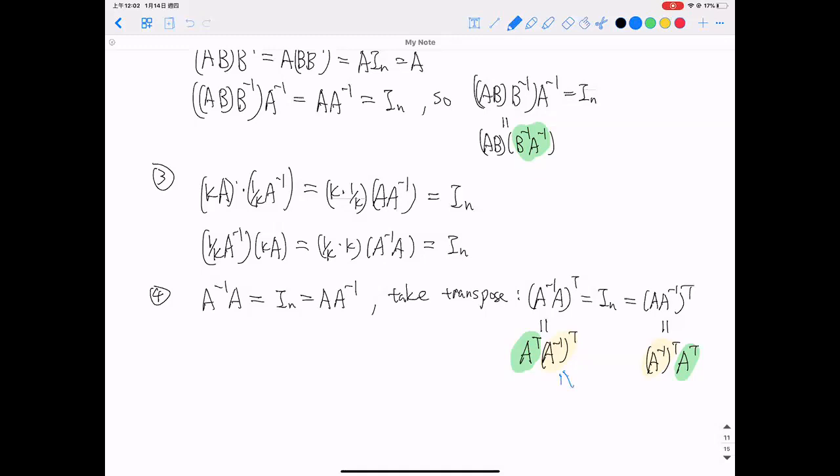This must be the inverse of A transpose by the required property of inverses. And that's what we need to prove. Okay, very well.